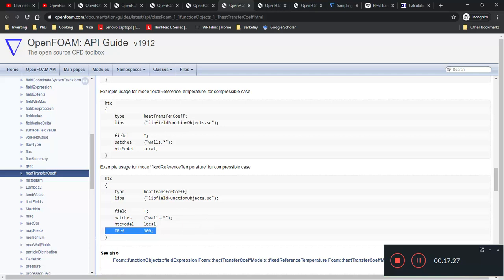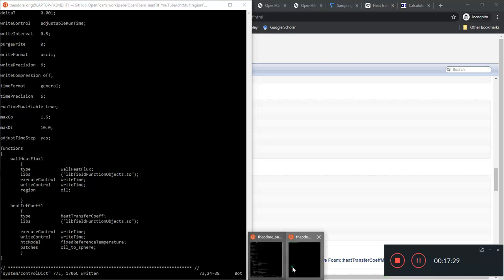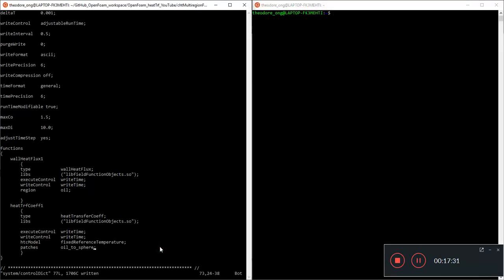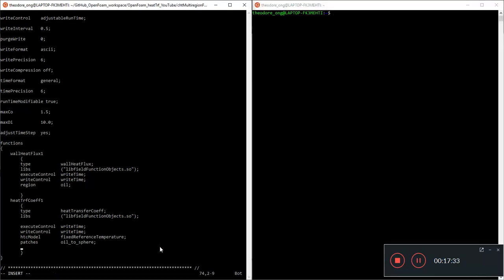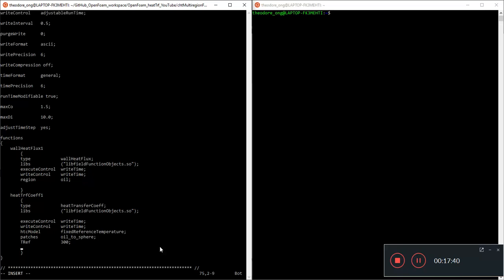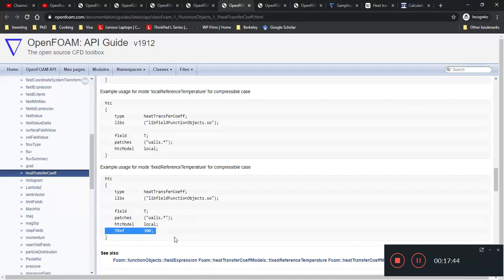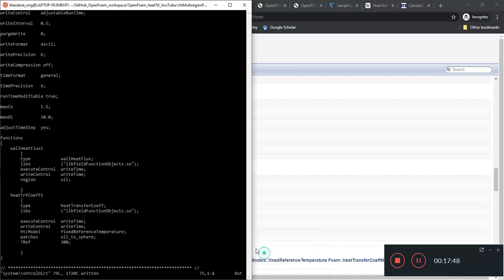Alright. So remember that, I think according to the C++ code, that might refer to the fluid temperature we are talking about. Okay, so this is 300, and remember Kelvin. Always in Kelvin for OpenFOAM. We always put our temperature in Kelvin, and the field will be T. So let's just put the entry there, field T.